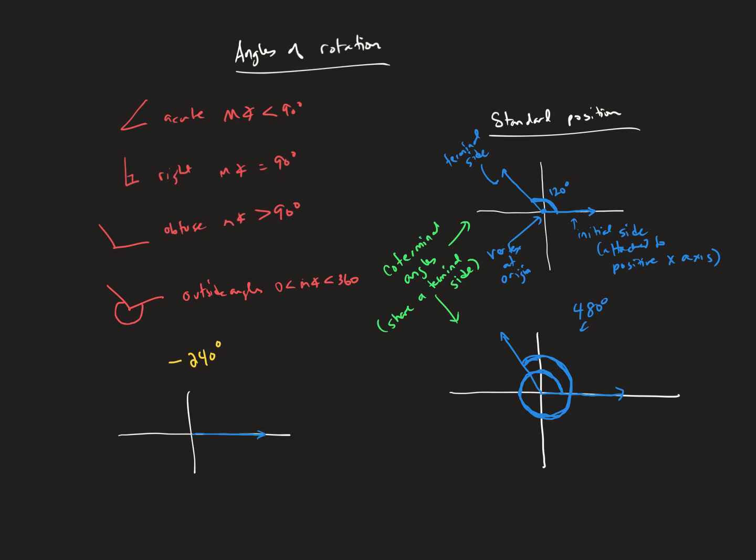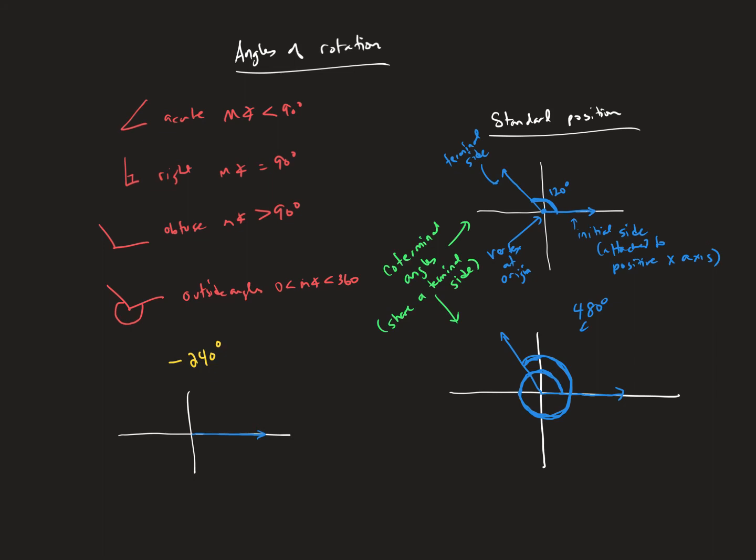But this time, because we're going negative, negative is a direction that we're going to spin. The positive spinning direction moves the angle up into the first quadrant, and then into the second quadrant, and the third quadrant, and then the fourth quadrant. By the way, that's the reason the quadrants are numbered 1, 2, 3, 4 in that order, because if you move an angle positively, it goes through those quadrants in that order.